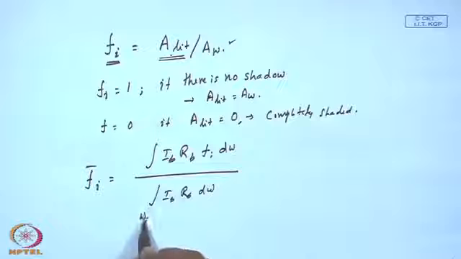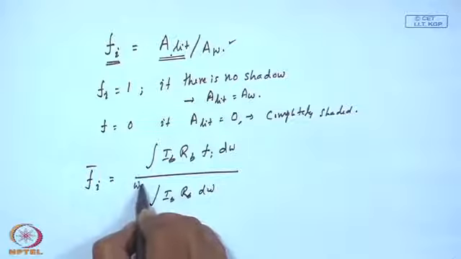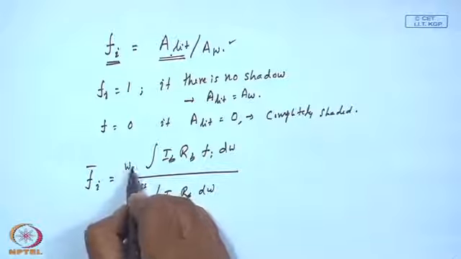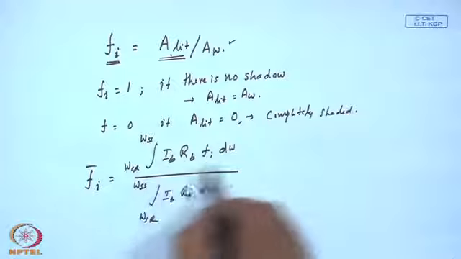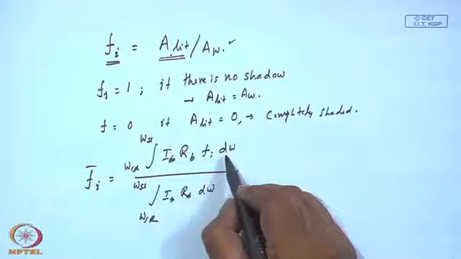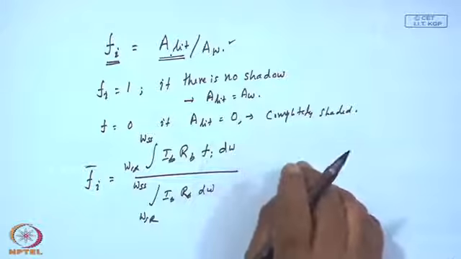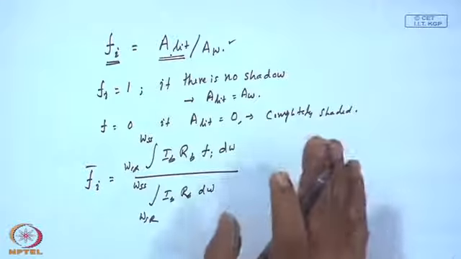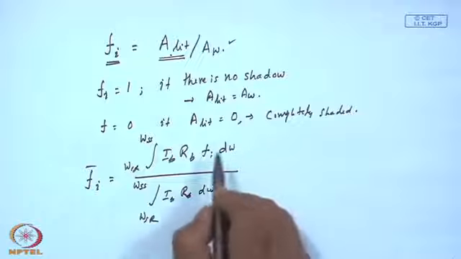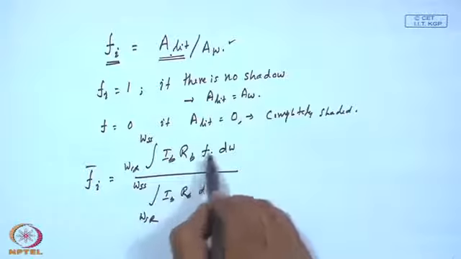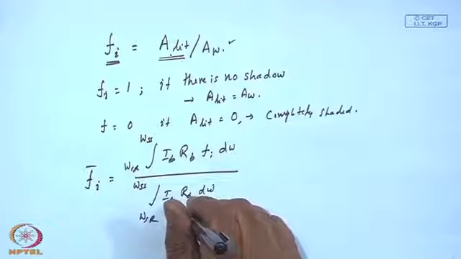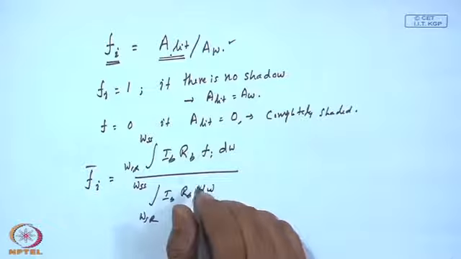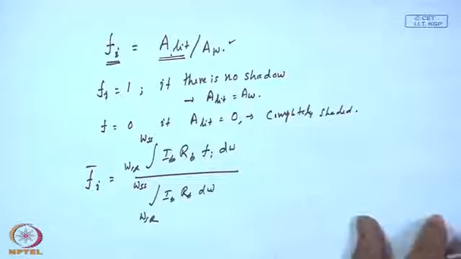This in general will be omega Sr to omega Ss. So, the numerator represents the solar radiation falling on the collector, window surface, with a part being shadowed, and the denominator is the radiation that the window would have received if there is no shading at all.